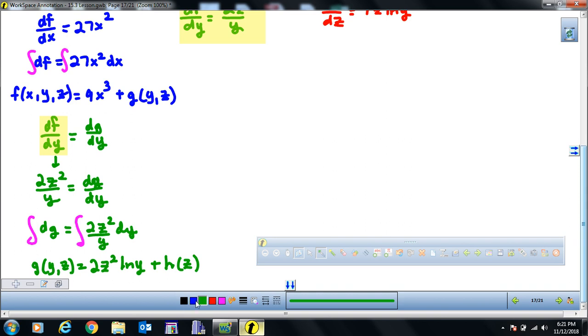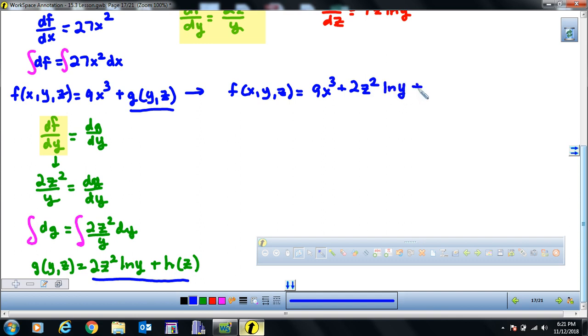So before we do that, let's substitute this back into the function g right here. So all of this, we're going to plug back in here. So we get that the function of x, y, and z is equal to 9x cubed plus 2z squared natural log of y plus some function, possibly constant, of z.